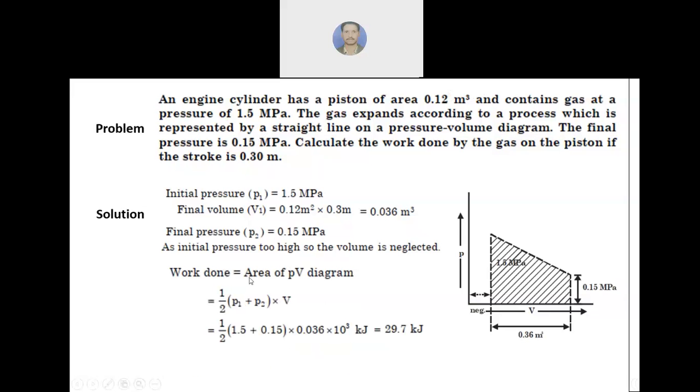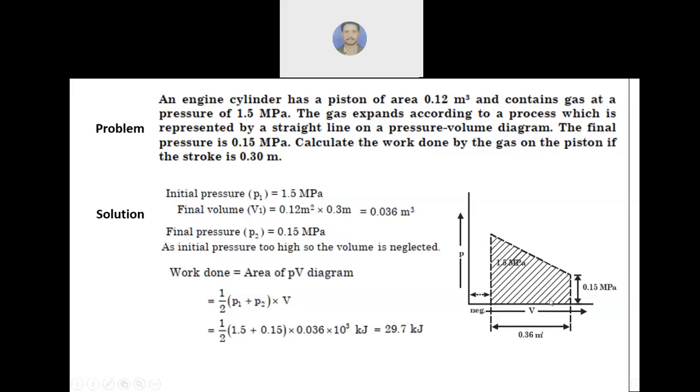Now what is the formula? Pressure into volume. But you are given two pressures, and the pressure is varying constantly in a straight line.